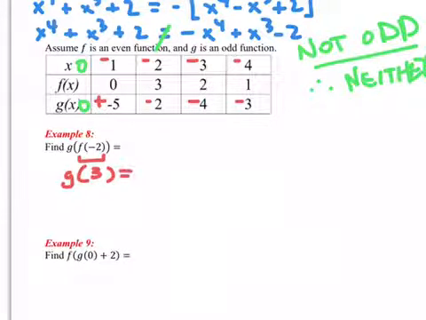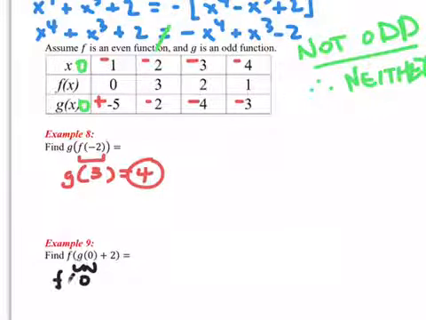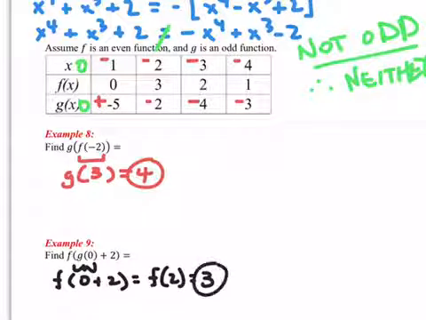And g of 3 is positive 4. Okay, let's look at f of g of 0 plus 2. Well, we know that g of 0 equals 0, because odd functions have to go through the origin. Okay, therefore, f of 0 plus 2 is the same as f of 2, which is equal to 3.